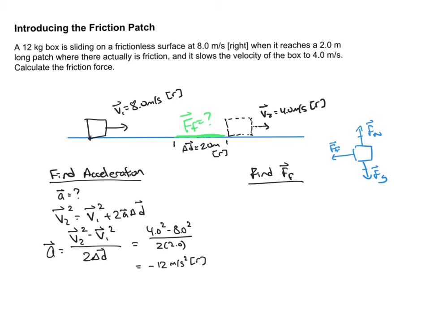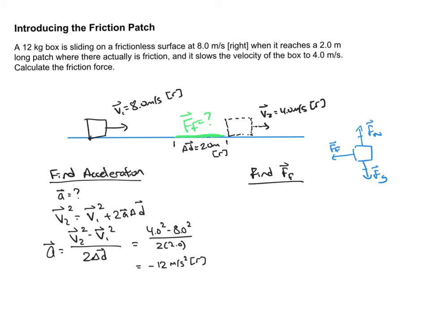I drew this free body diagram because I want to emphasize that, if you think about it for a little bit, it shows that the net force is going to be the force of friction. Gravity and normal cancel each other out, so the net force is the force that's left over, which is just friction.